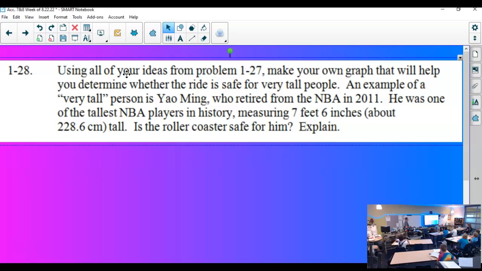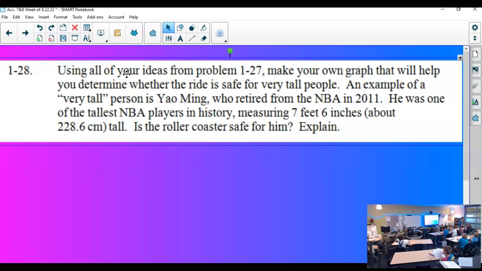You can use Yao Ming's data, or look up Robert Wadlow and convert his height to figure out how many centimeters he would be. Do you think this roller coaster would be safe for Yao Ming or Robert Wadlow, who is apparently a foot taller? We'll answer both of those questions.